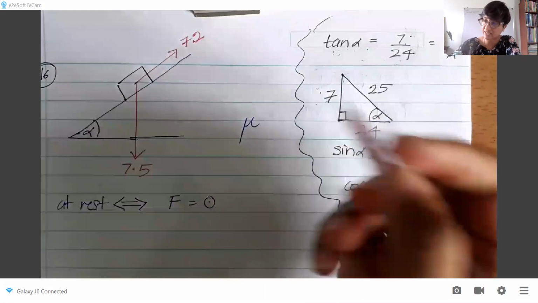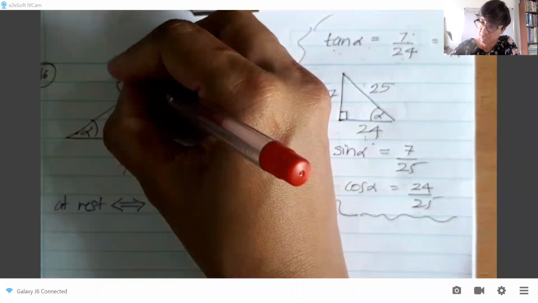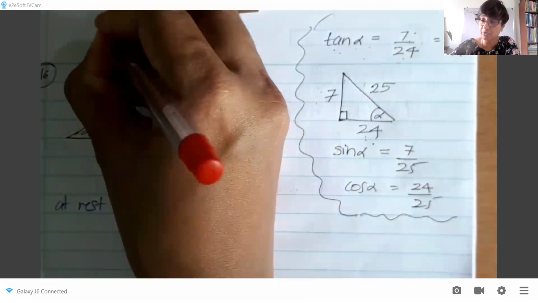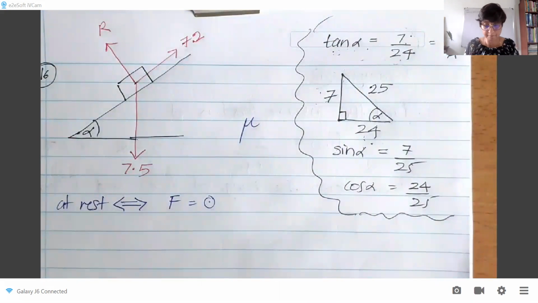So now let's mark the rest of the forces. What other forces are acting on this? You would have reaction force, the normal reaction R, and you're going to have friction. How do you know the direction of friction?